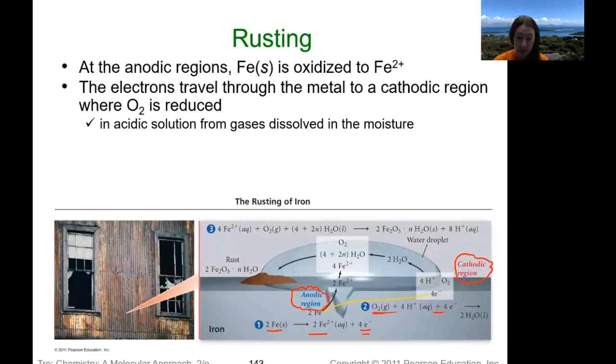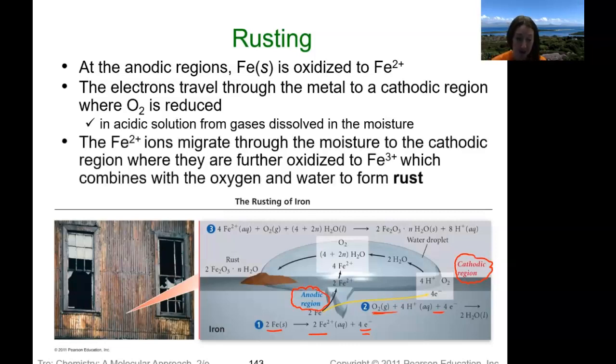So here's the oxygen being reduced in an acidic solution from gases. And by the way, for this to happen, there has to be some kind of moisture. If there's no moisture, then this doesn't happen. But if the moisture is acidic, then we're at the super high potential of 1.23, which is even more.